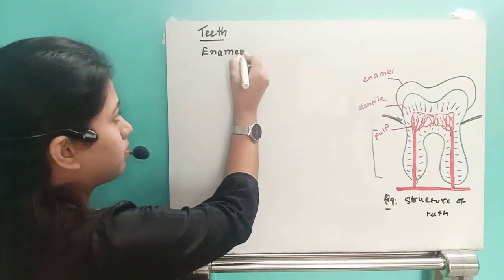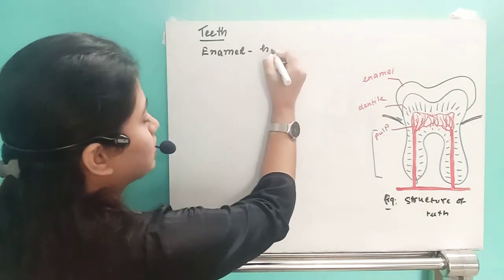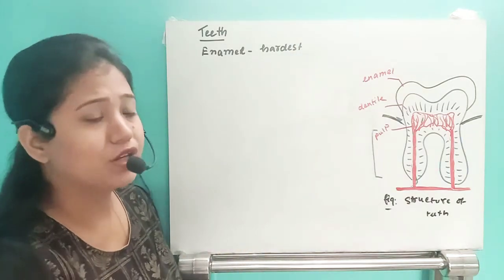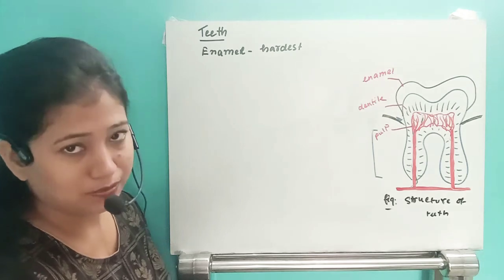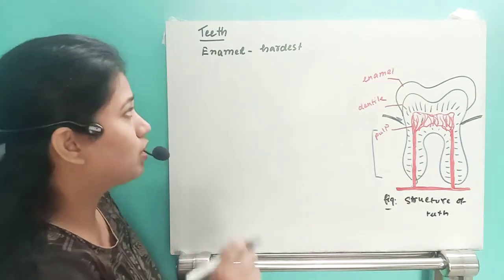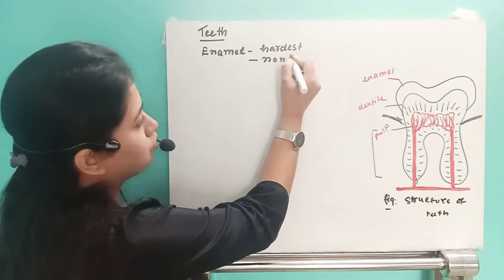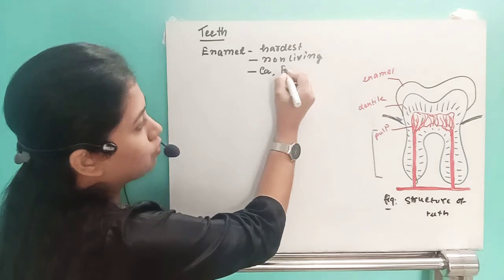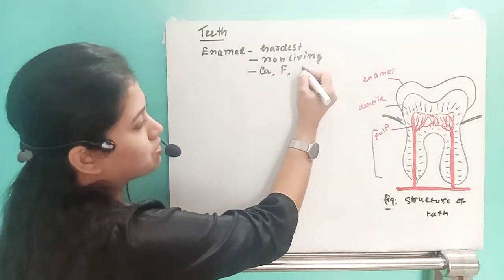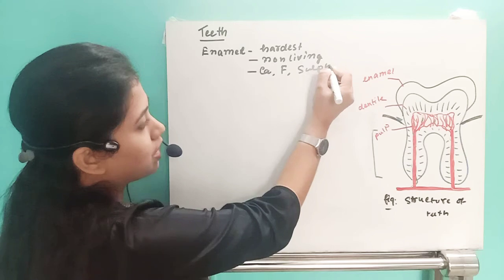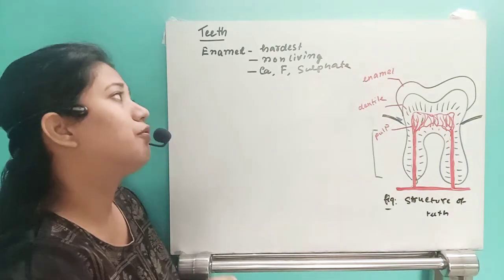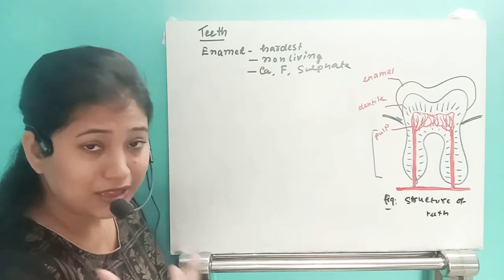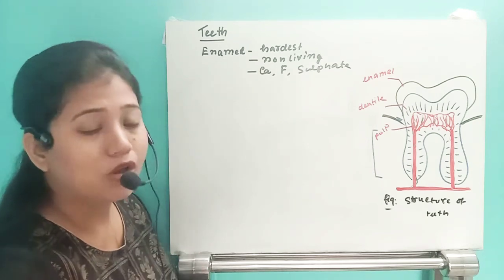Remember, the enamel is the hardest part of our body. It does not have any living component present, so it is completely non-living. It is the hardest part, which contains calcium, fluoride, and calcium sulfate. This makes the first part, the enamel.